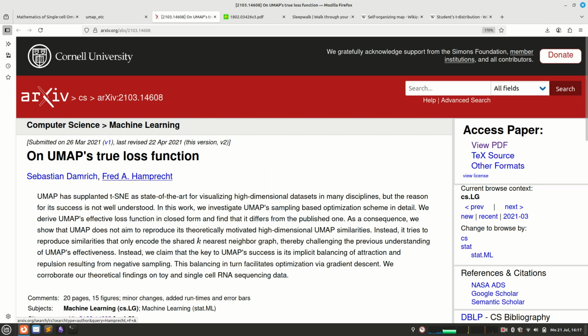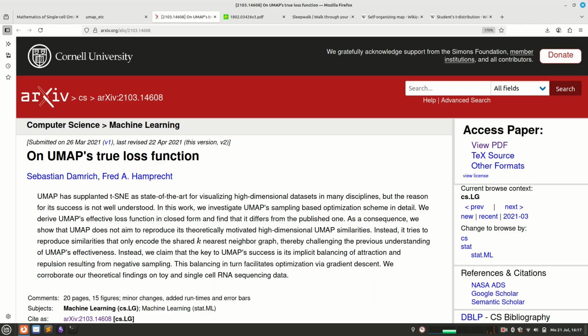You might know Fred Hamprecht, who is a physicist here, and Sebastian Damrich was a PhD student of his, or later postdoc, and they wrote this brilliant little paper in which they basically say, on top of all this unnecessary detour, the UMAP implementation, the software that the authors have published, actually does not do at all what the paper says. Because they made a crucial implementation mistake, and if you fix the implementation mistake so that the software does what the paper claims, the UMAPs don't look nice anymore.